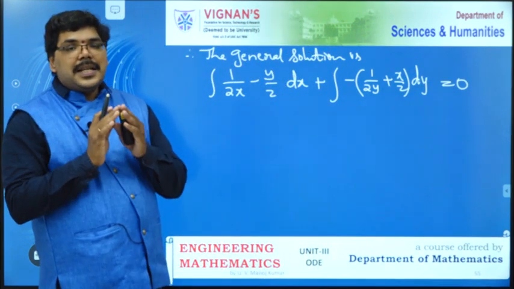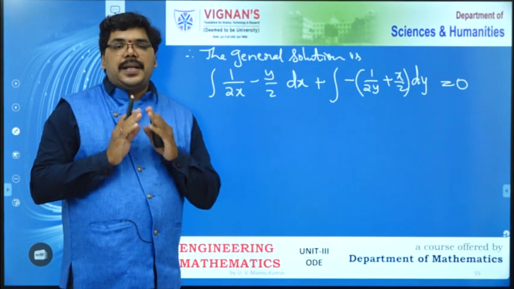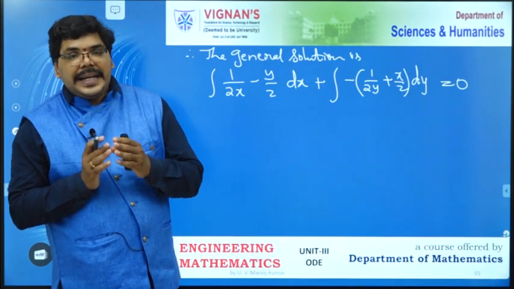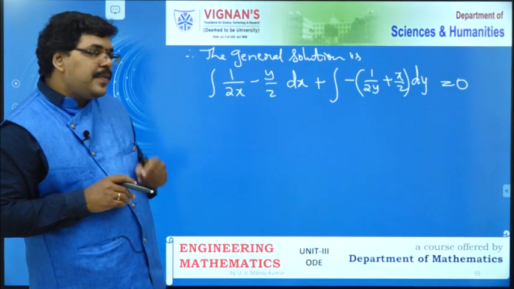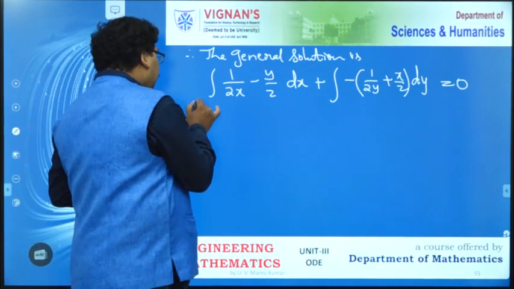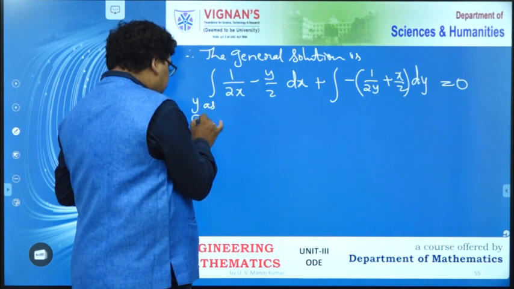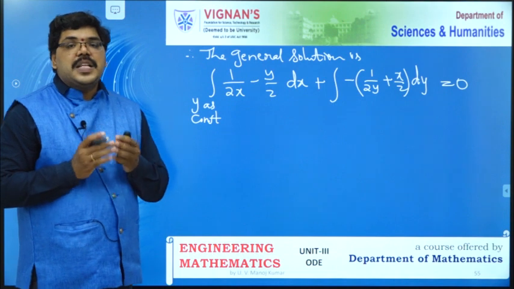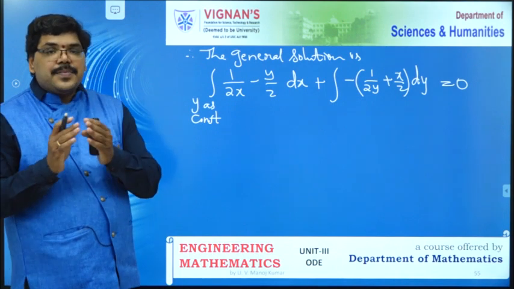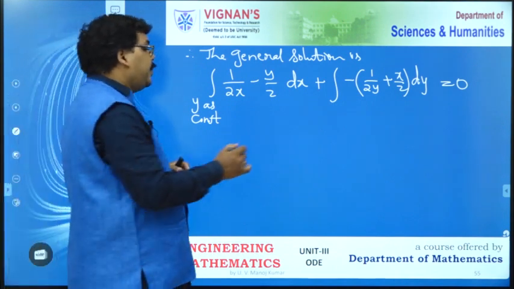So, the general solution is obtained by integrating term by term, and when you are integrating term by term, what is the condition we have to follow? When you are integrating with respect to x, treat y as constant, and when you are integrating with respect to y, x terms should be deleted.